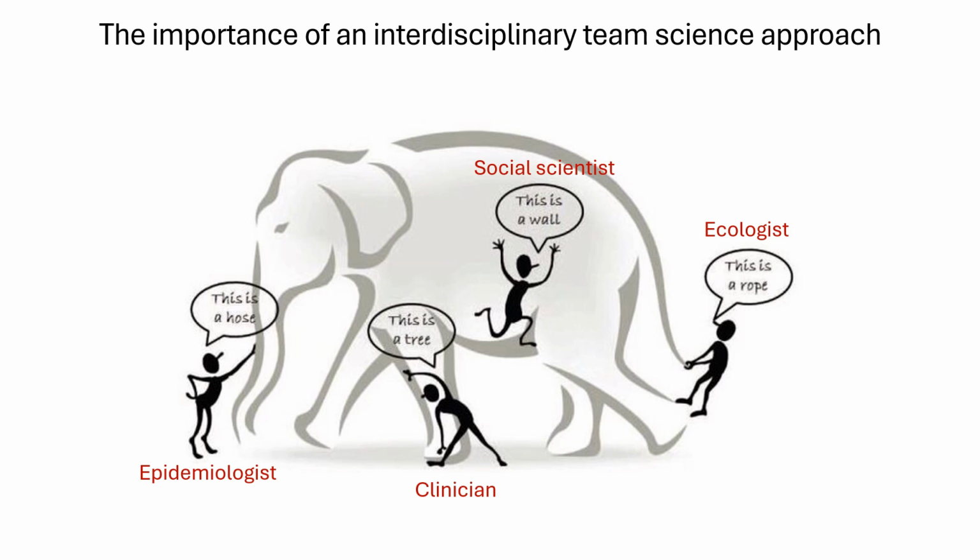The person that touches the leg says, I think this is a tree. The person that touches the body says, I think it's a wall. And the person that touches the tail says, I think this is a rope, right? And we can think about this in terms of the various different disciplinary perspectives on zoonotic risk and how to tackle it, across epidemiologists, clinical and veterinary medicine, social scientists, and ecologists. We each take different views.